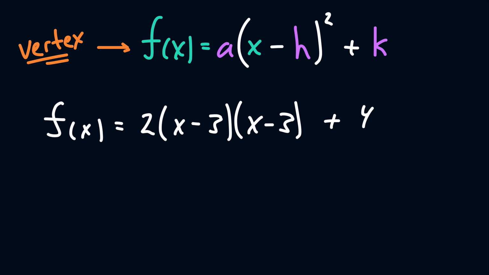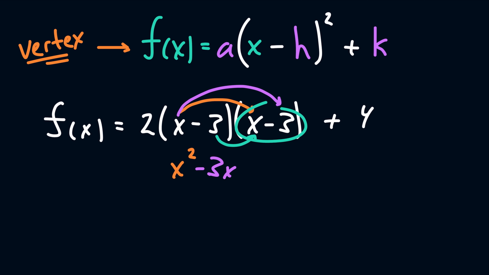And it turns out that we can FOIL this. Okay, so first I'm going to take x times x. All right, that's going to be x squared. Let's write that down, x squared. Then I'm going to take x times -3. So that's a -3x. Let me make that a little bit neater, -3x. Then I'm going to take -3 and multiply it by x, right? I take the last term here and multiply it by the first of the second binomial.